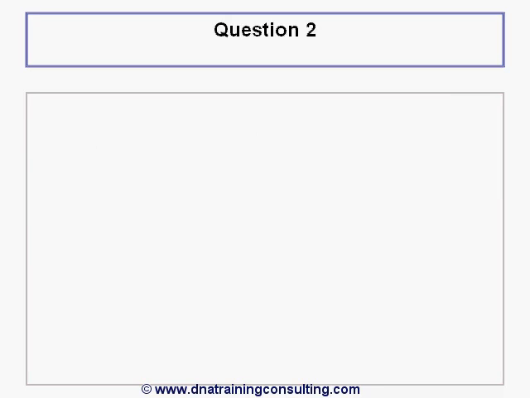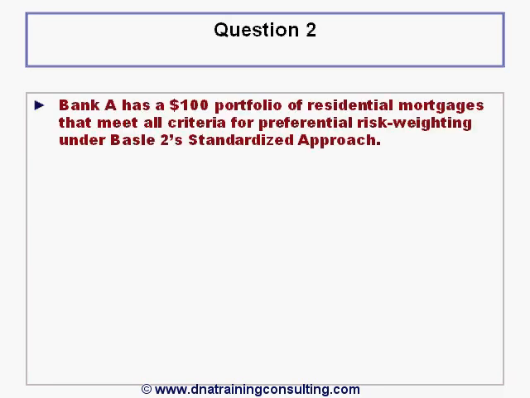Question 2. Bank A has a $100 portfolio of residential mortgages that meet all criteria for preferential risk weighting under Basel II's standardized approach.